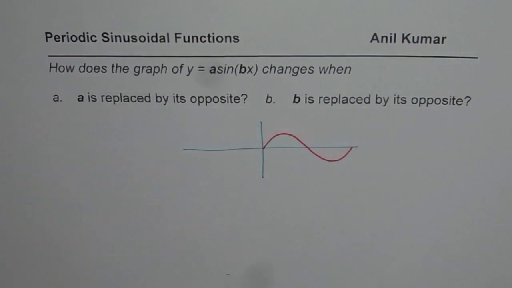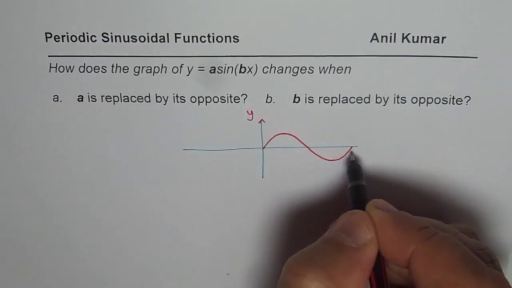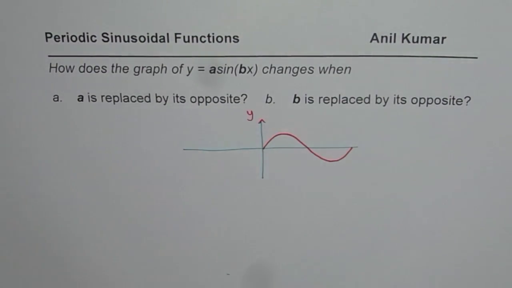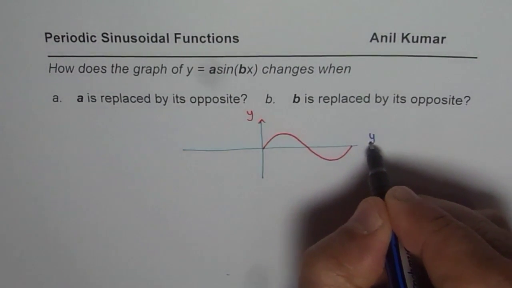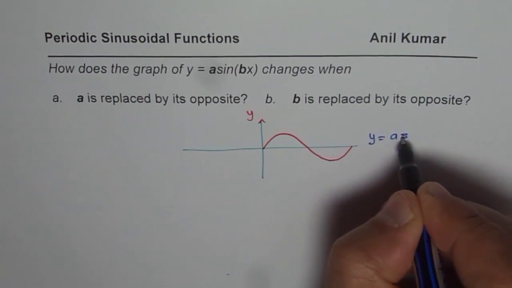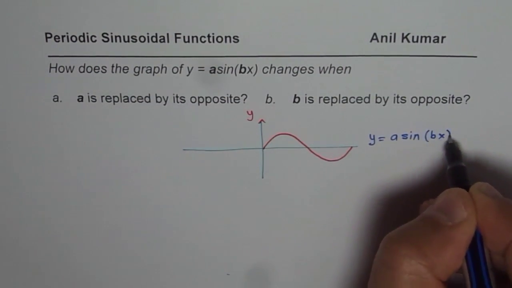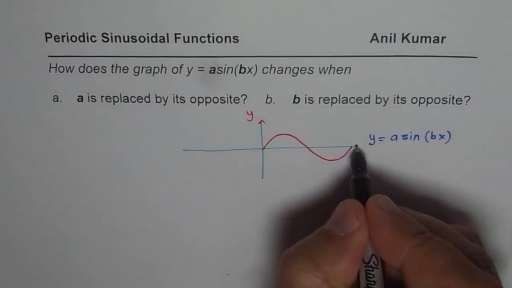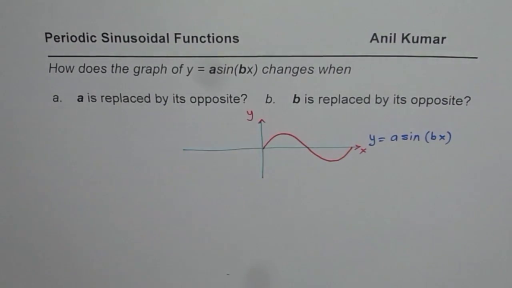Okay, so this is y equals a sine bx. This is the graph of my function. The x-axis has x as the independent variable, and y is my dependent variable.